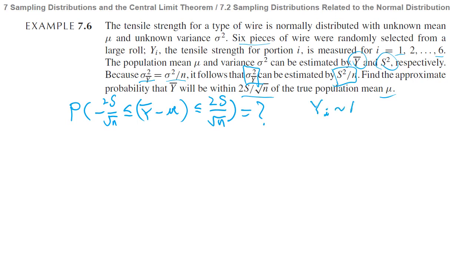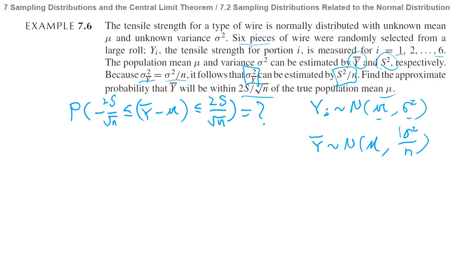Before we do that, what we know is that yi follows a normal distribution with mean mu and variance sigma square, and both parameters are unknown. We also know that y bar follows a normal distribution with, again, mean mu and variance sigma square over n.